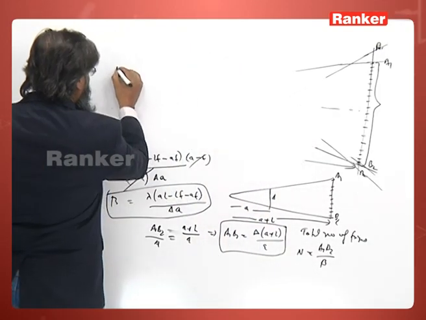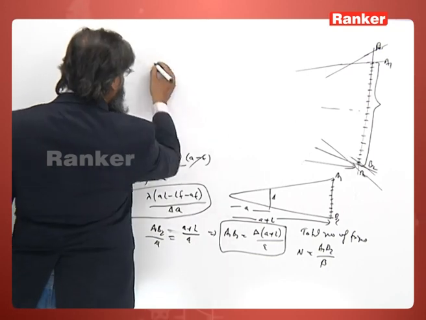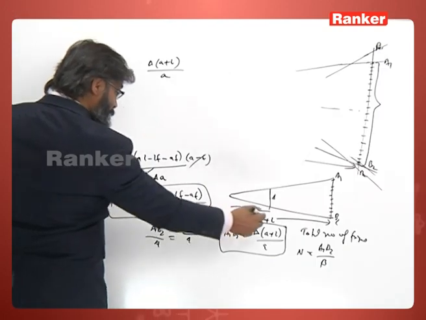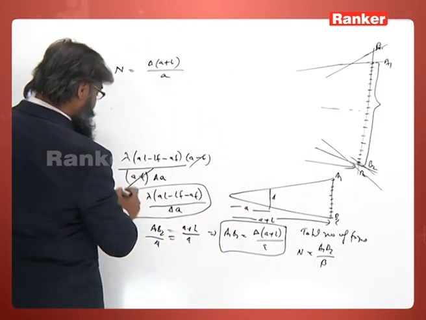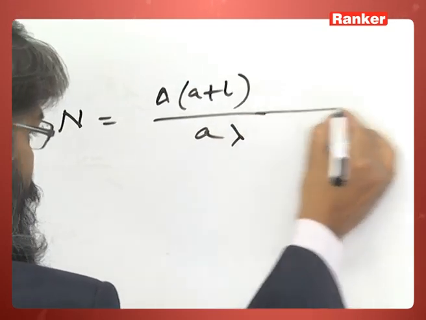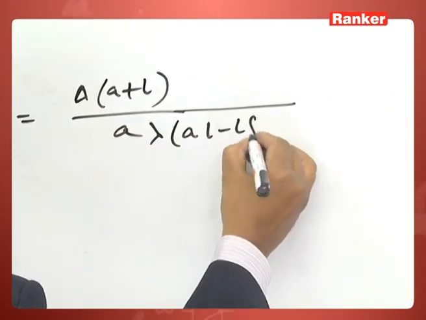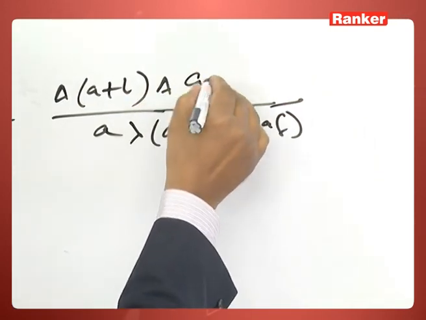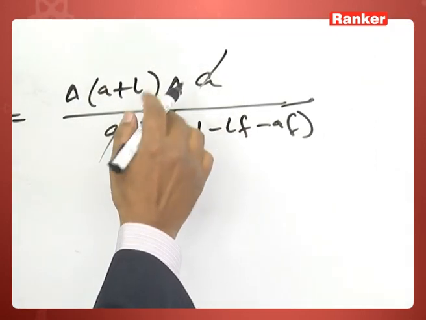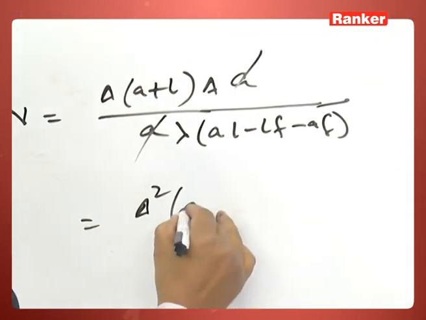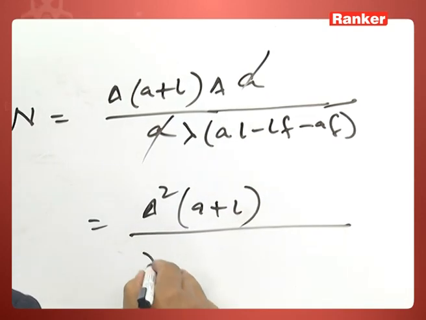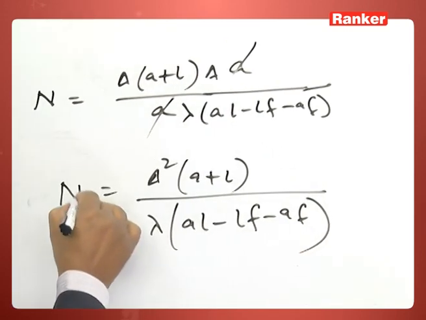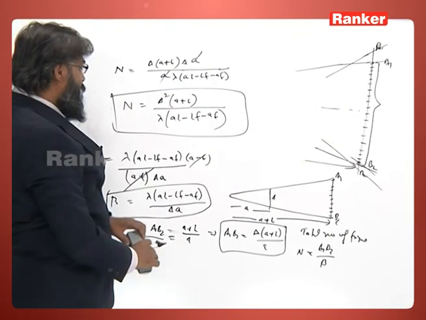So N will be equal to delta times A plus L by A, divided by beta, that is lambda times AL minus LF minus AF by delta A. If A cancels, and here delta, this becomes delta squared times A plus L by lambda times AL minus LF minus AF. This is the total number of fringes.